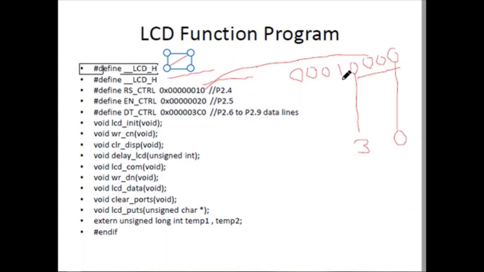Since we are using P2.4, this is the fourth bit, this value has to be 1, and this is bit number 7. So if you take the total value, it turns out to be what? 10.